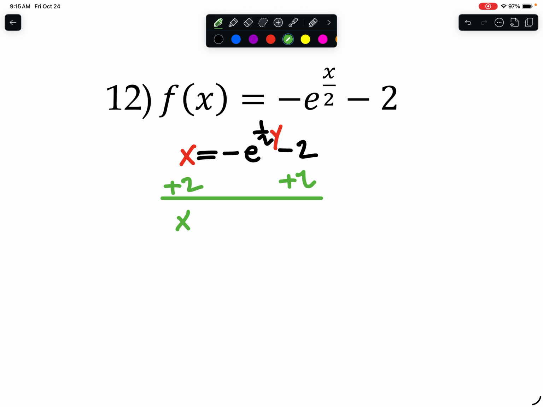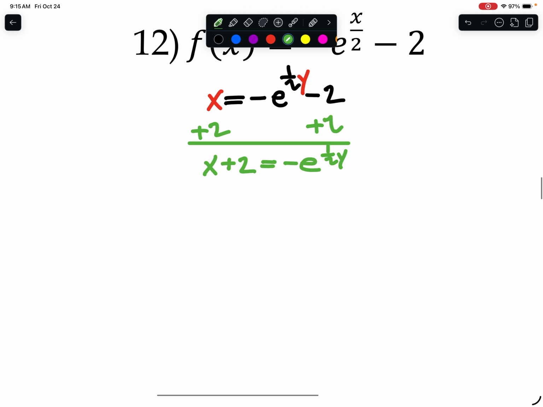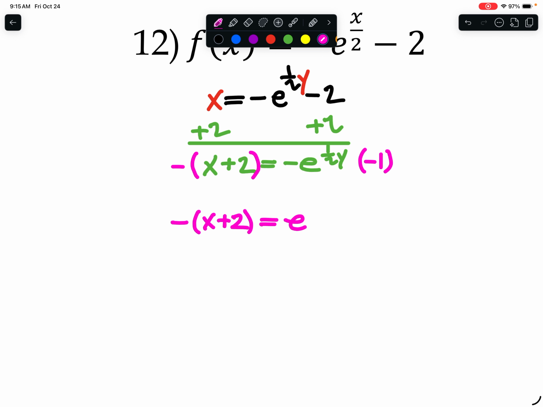So in this case, I get x plus 2, and that's going to equal negative e raised to the 1/2 y. I'm going to go ahead and get rid of the negative now. So you can multiply by -1 or you can divide by -1. It's really up to you. So I'm going to leave it as negative parentheses x plus 2 equals e raised to the 1/2 y.